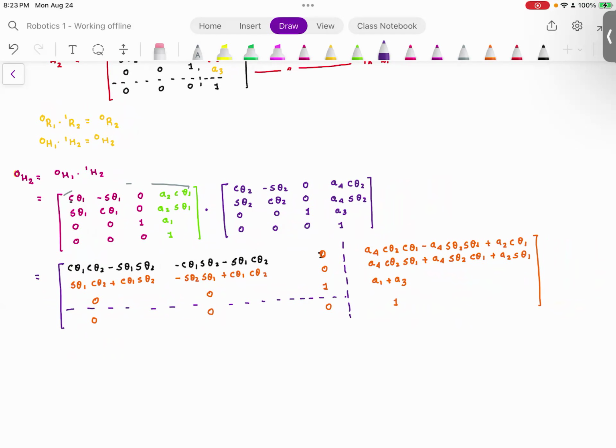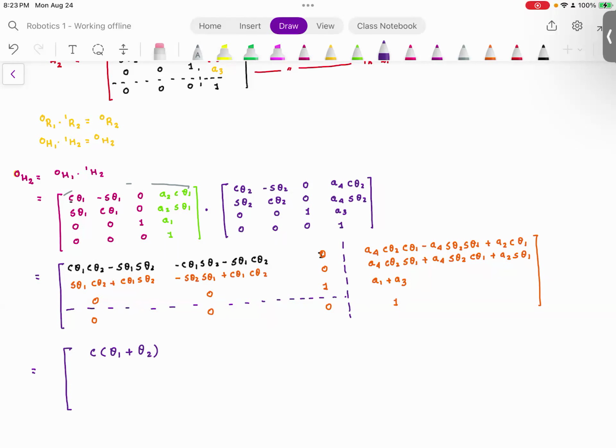Do you agree with me that this identity looks like cosine theta 1 plus theta 2? If you expand cosine theta 1 plus theta 2, it becomes cosine theta 1, cosine theta 2, minus sine theta 1, sine theta 2. Remember expansion of cosine?